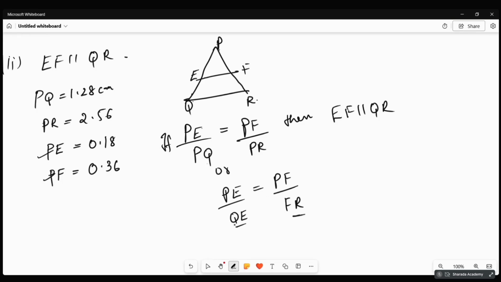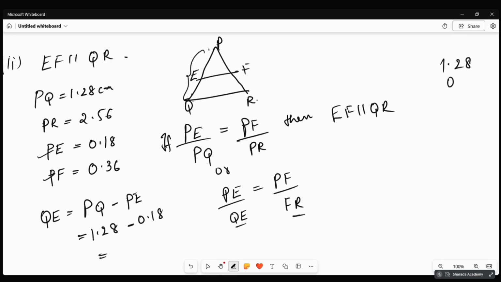How to find that? QE will be equal to PQ minus PE. This whole thing minus this PE, I will get QE. PQ is 1.28 minus PE, which is 0.18. So 1.28 minus 0.18 is 1.1.